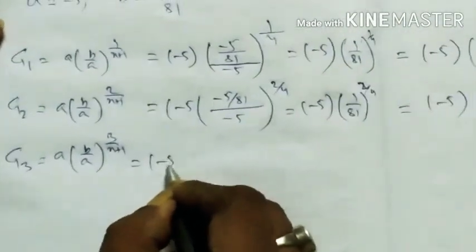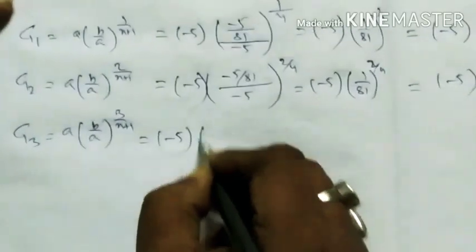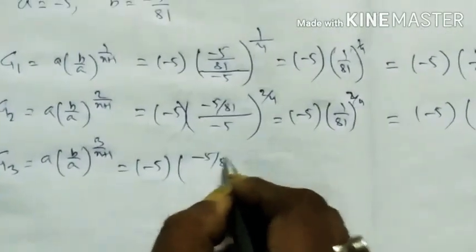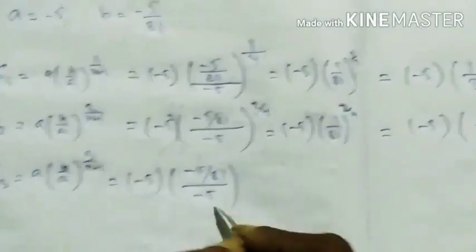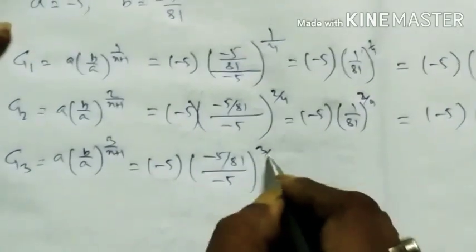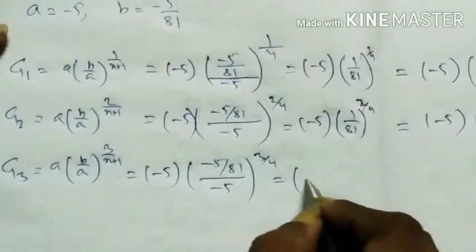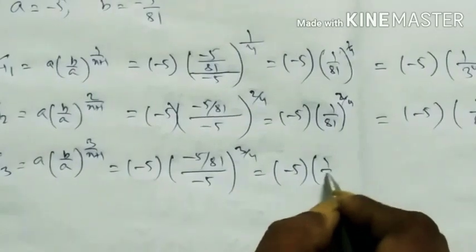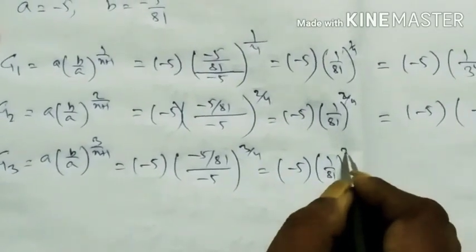Now minus 5 times minus 5 by 81 by minus 5, this will be to the power of 3 by 4, so this is equal to minus 5, 1 by 81 to the power of 3 by 4.